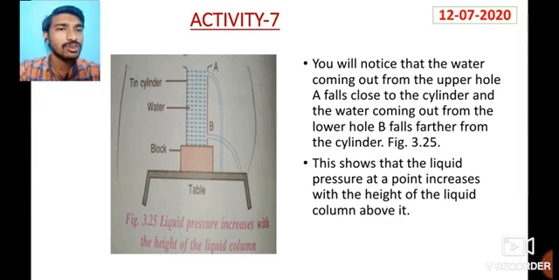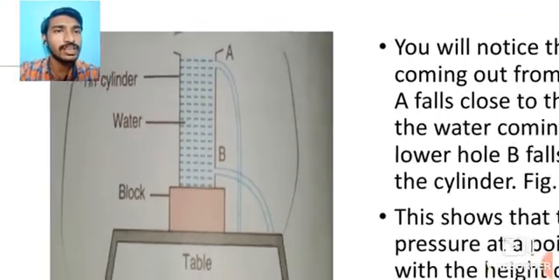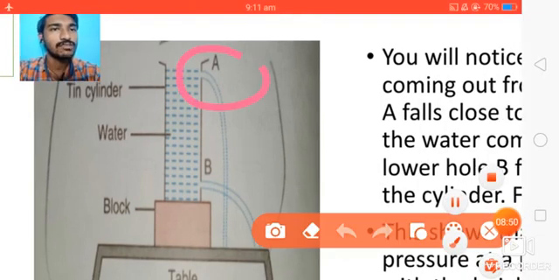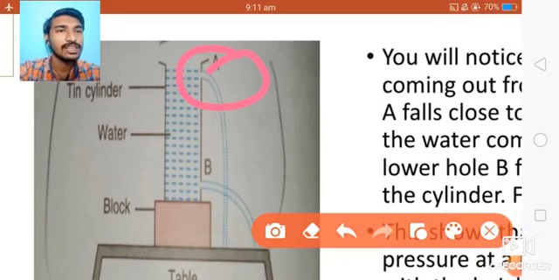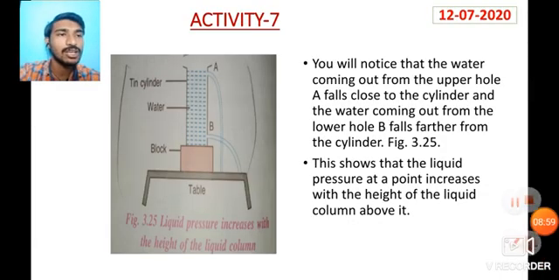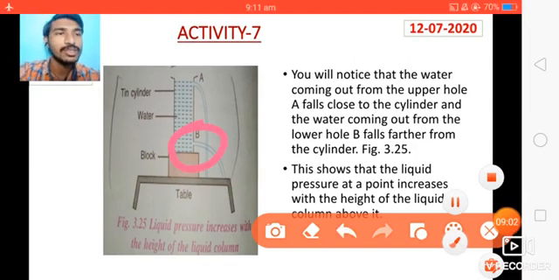You can see at point A we don't have any liquid above it, but on point B you can see the liquid column above it.